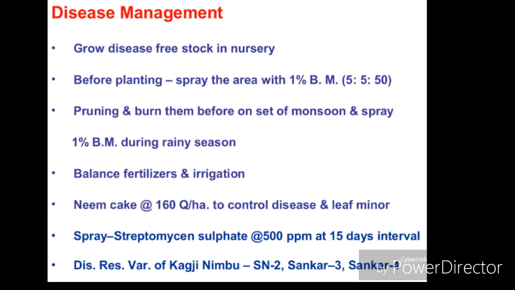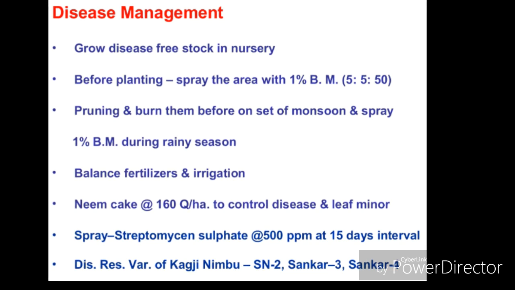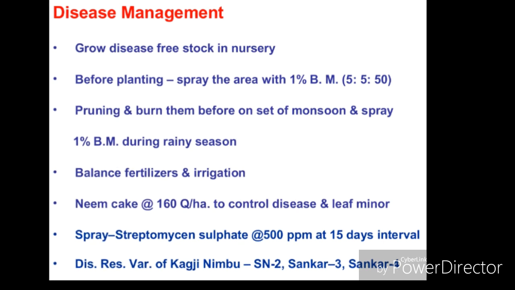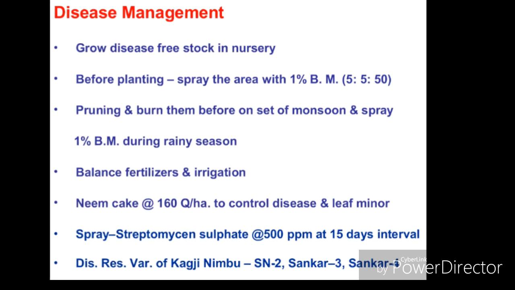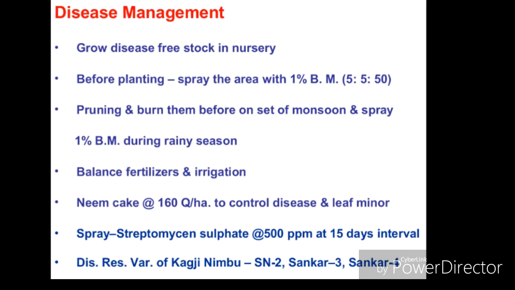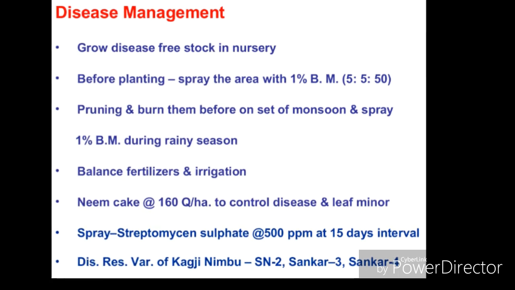Now we come to the part of disease management. We should grow disease-free stock in the nursery. Before planting, spray the area with 1% BM in this type of ratio. Prune and burn infected parts before the onset of monsoon, and spray 1% BM again during the rainy season. Balance fertilizer and irrigation. You can use neem cake.